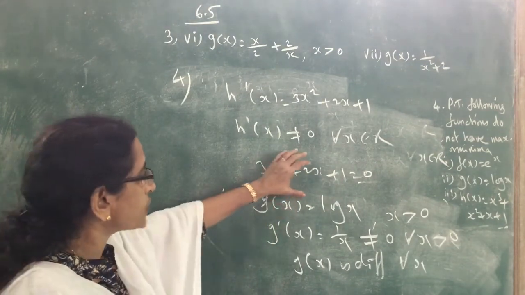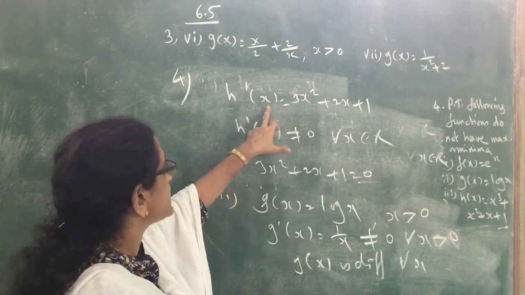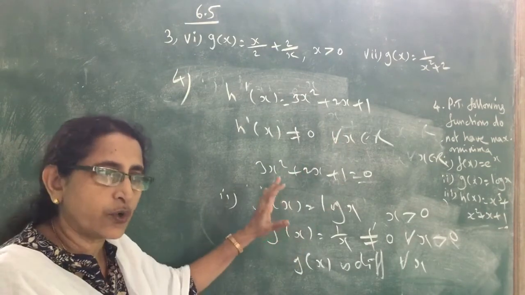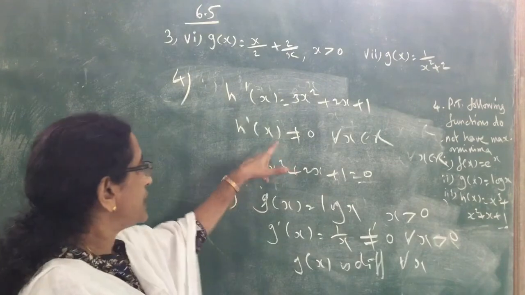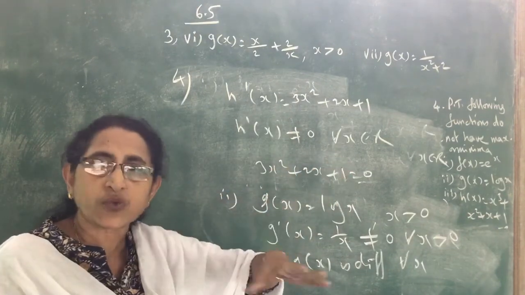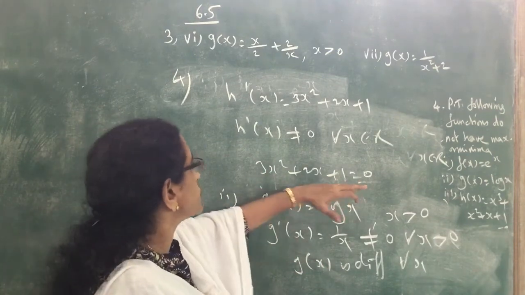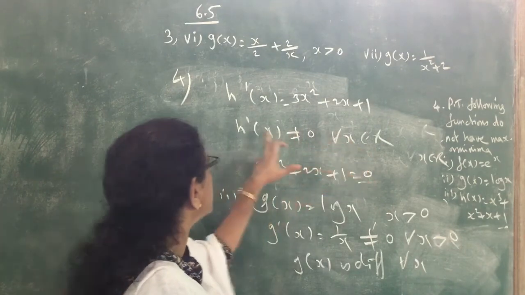That means there is no solution for this quadratic equation, so there is no real number x satisfying this. That means the derivative is not equal to 0 for any x belongs to R.